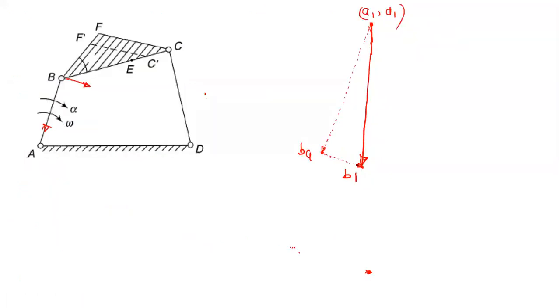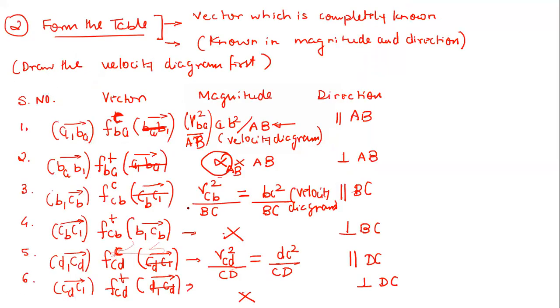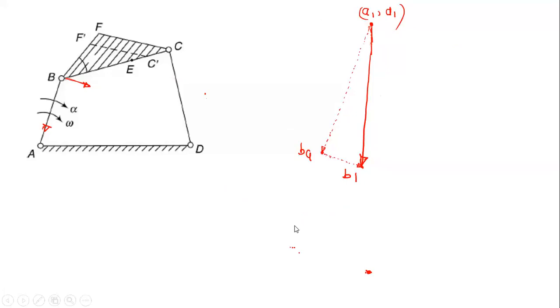So now we have this point B1, right? Now just calculate the magnitude of this. The magnitude is available to us, so choose a proper scale, calculate the magnitude, and you also know the direction. The direction is basically parallel to BC. So now let us draw this vector. This is our BC somewhere here. This is the centripetal acceleration.